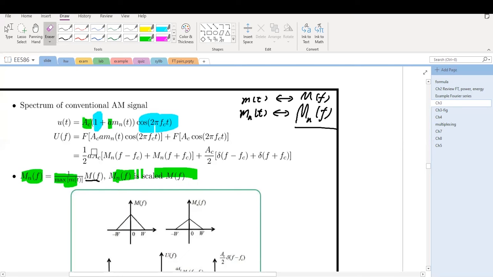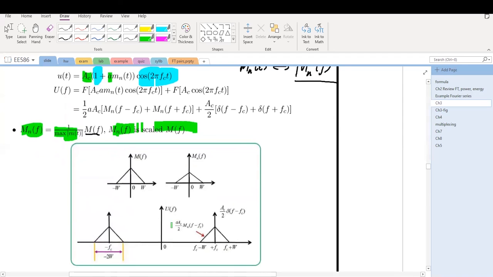Then what is U(f) for the conventional AM? M_n(f) moves to f_c and minus f_c, and you scale by half small a and big A_c. Half small a and big A_c. This portion moves to f_c. And this portion, same portion, moves to minus f_c. That's here, and here.